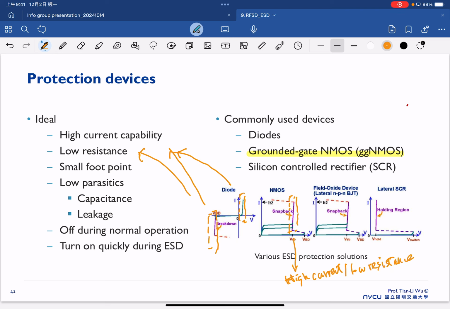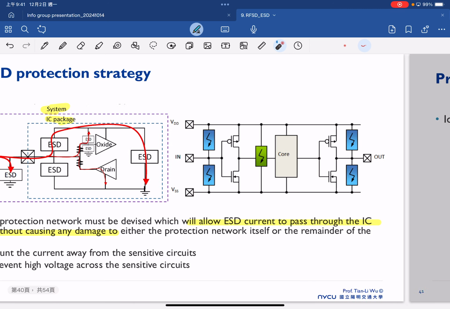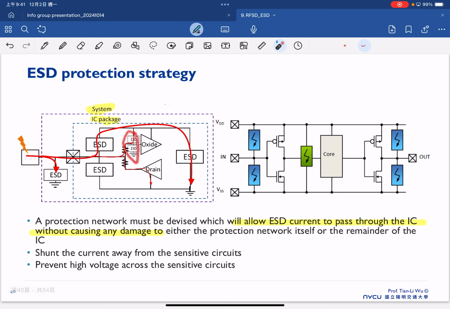So if we place a ground gate NMOS here, and this ESD device turns on before our oxide degradation, that means we can have a very high current shunted away from here. The idea is very simple, just like this.